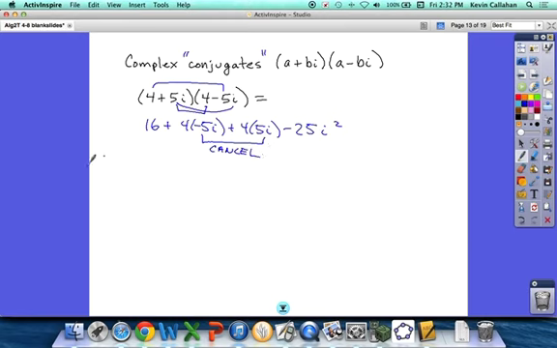And that will always be the case when you multiply conjugates. The two inner ones, the O and the I, will be opposites, and they cancel. And the last one has that i squared in it. How are we going to deal with that? It's -1, so this is -25 times -1, which makes it +25. So this is 16 plus 25.